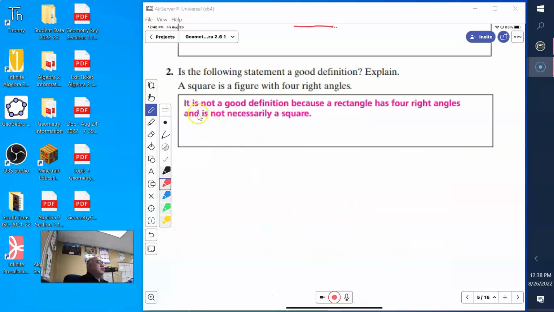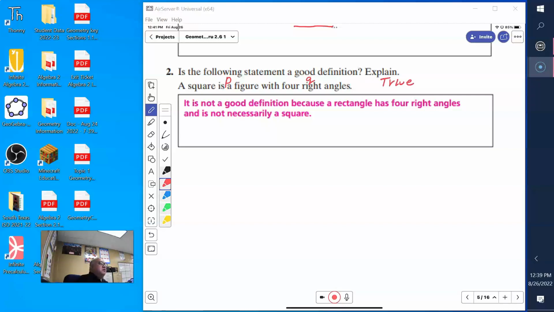Okay, we're going to check if this is a good definition. So let's do this quick check. Is the following statement a good definition? Explain. A square is a figure with 4 right angles. So we notice that this is your P and this is your Q. And we know that a square is a figure with 4 right angles, so that's true.